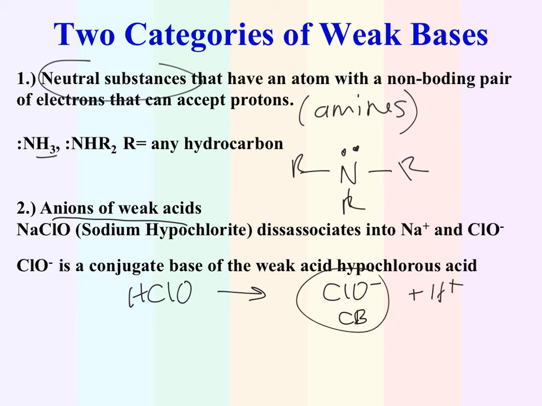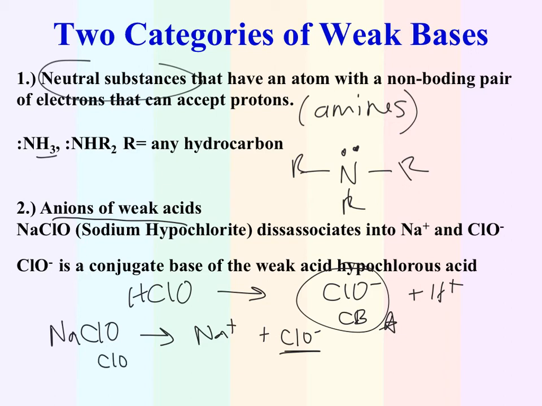The conjugate bases of weak acids can behave as weak bases. So when we have something like sodium hypochlorite, this is going to dissociate in water as the following. Now we just indicated that this can behave as a base in water.